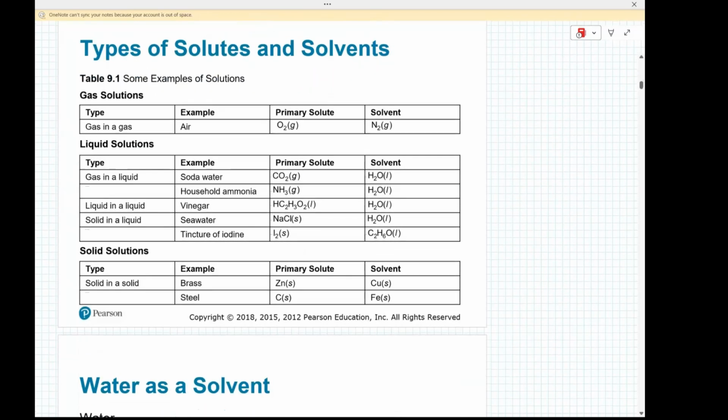Now, here are some solution types. So air is the solution. Do you remember which gas constitutes the majority of air? Nitrogen. It is a solvent. Everything else is a solute. Air is the solution of oxygen in nitrogen.